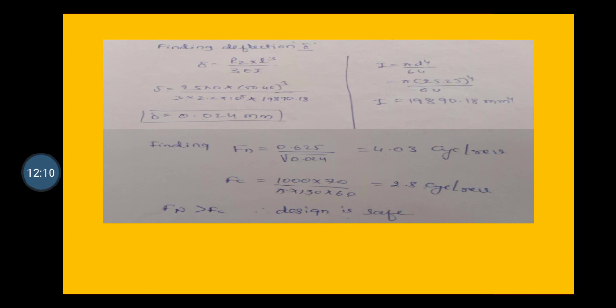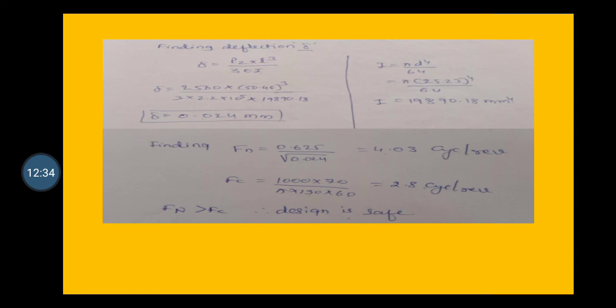Diameter is 25.23, whole raised to 4, so I is 19890.18. That is, deflection delta is equal to 0.024 mm. Finding the natural frequency, Fn is equal to 0.625 divided by the square root of delta, that is 0.024. The answer is 4.03 cycles per revolution.